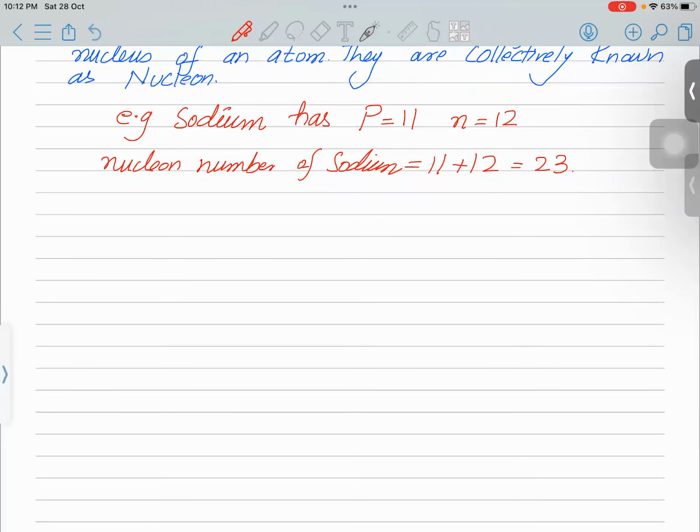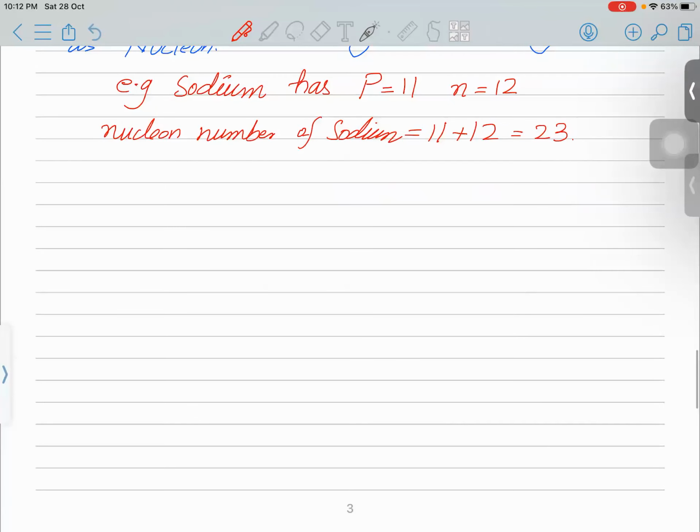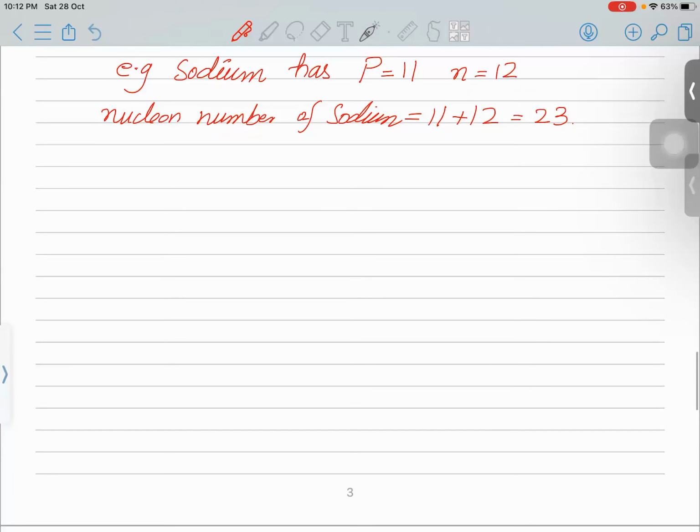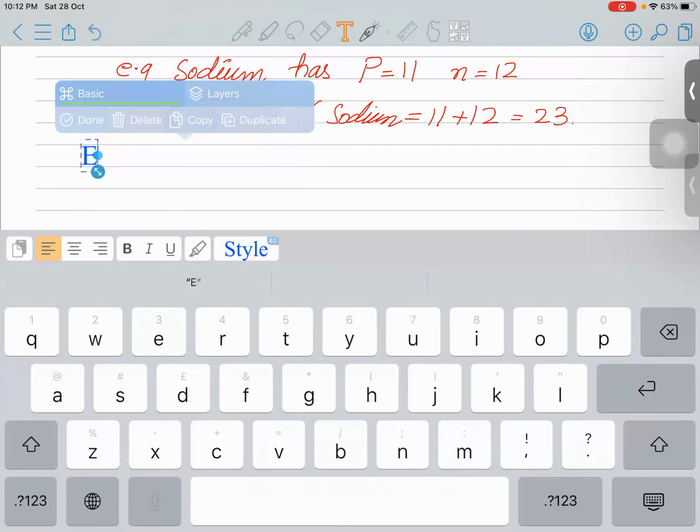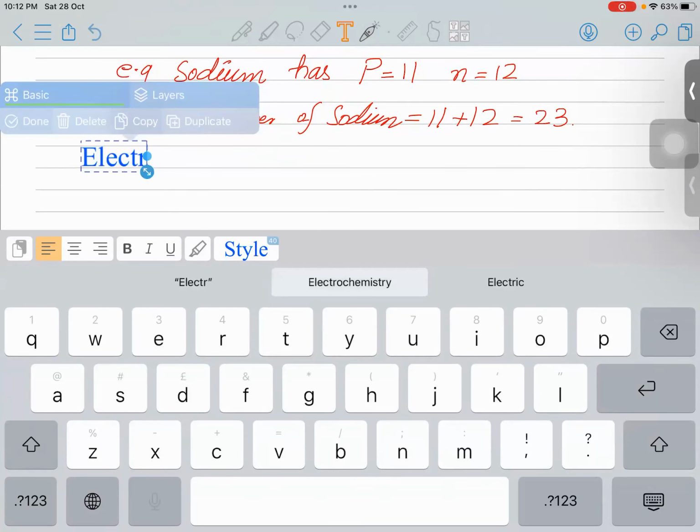Is it clear? Yes, sir. So after nucleons, next is electrons.